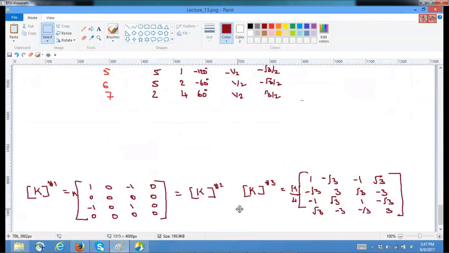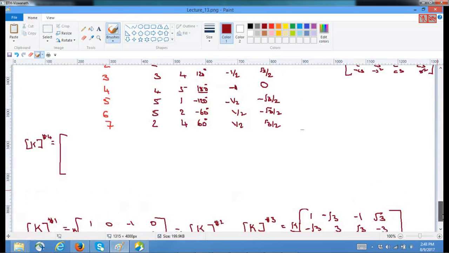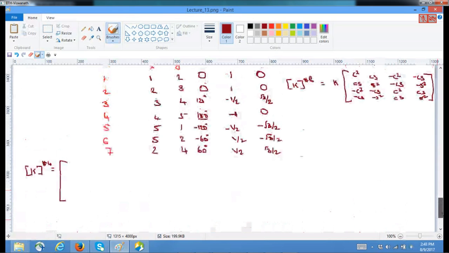Similarly, let me write K4. K for the element 4 is, let me do the fourth one.